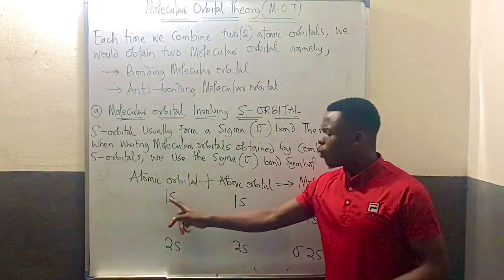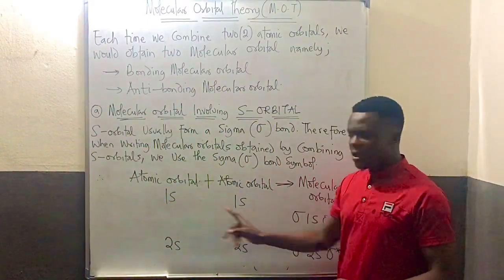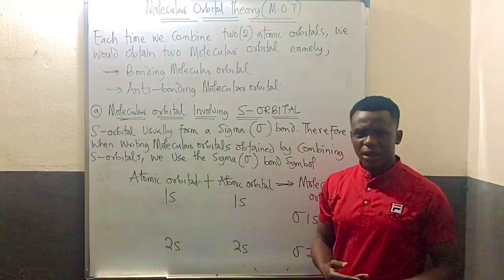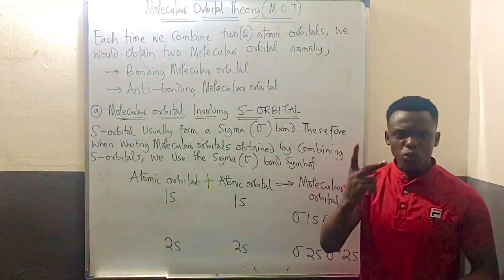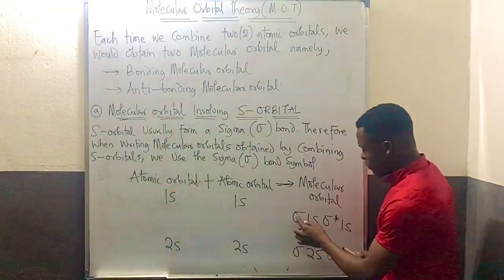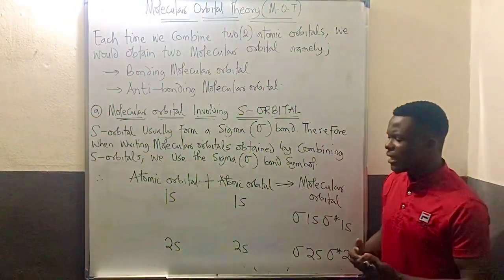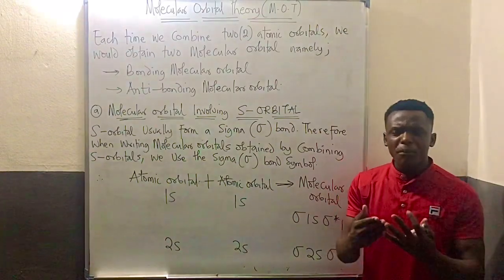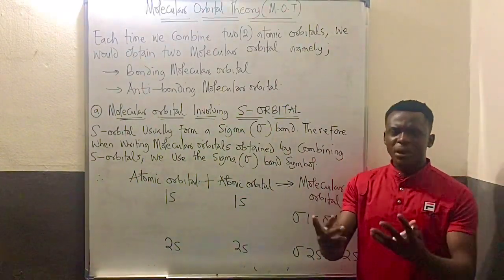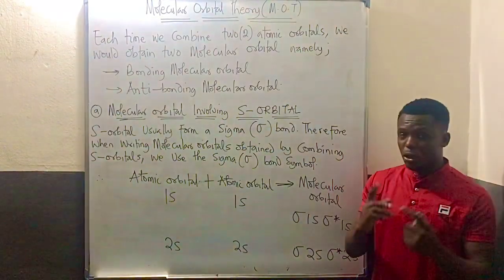So when you combine 1s and 1s, this is two atomic orbitals coming together. I'm going to have two molecular orbitals: the bonding 1s and the anti-bonding 1s. Remember we said earlier that every time we combine two atomic orbitals, we always give rise to two molecular orbitals.